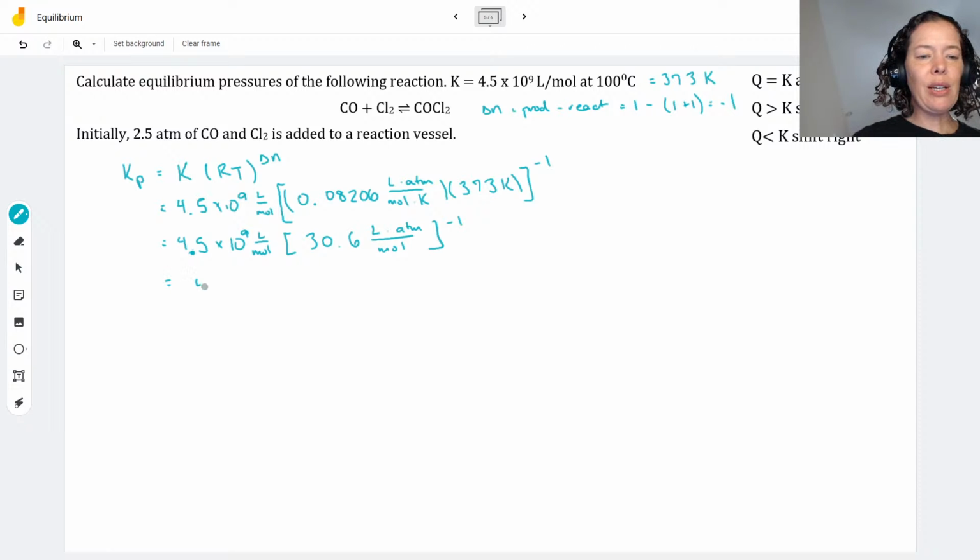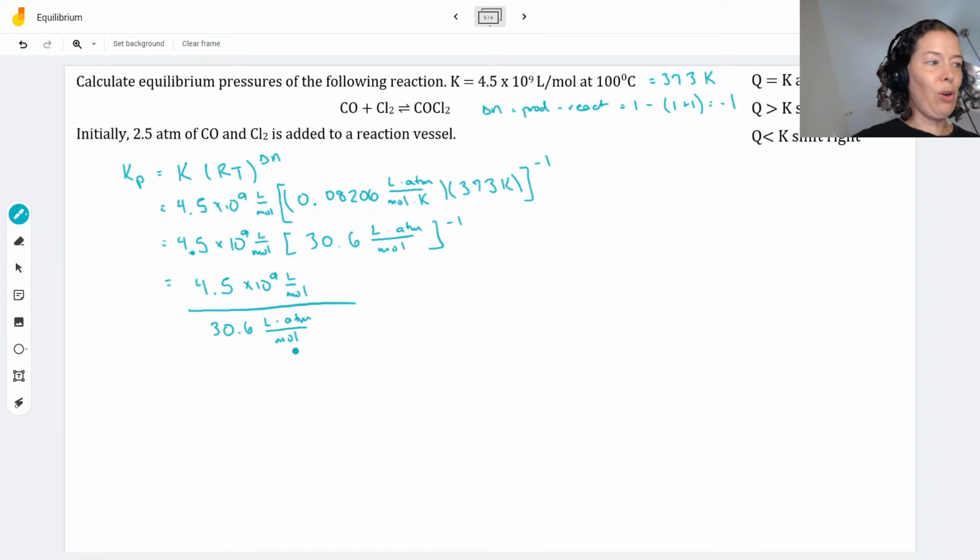So what we're doing here is we're going to take 4.5 times 10 to the 9th liters per mole, and we're going to divide it by our 30.6 liter atmosphere over mole. And this is going to give us our Kp, which is 1.47 times 10 to the 8th.